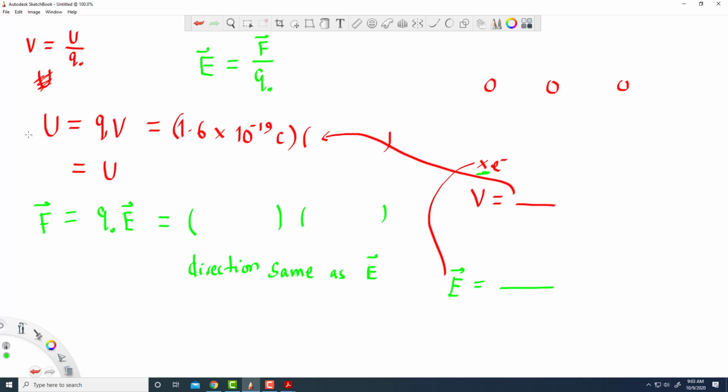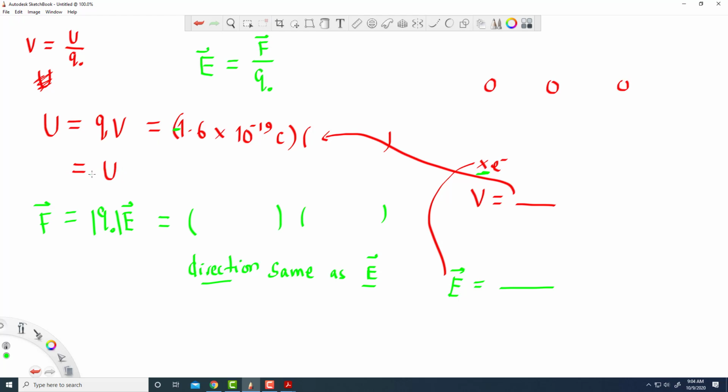Whereas for potential, here you want to use this absolute sign because the direction is given by the direction of E, but here if it is negative, you want to just use negative here.